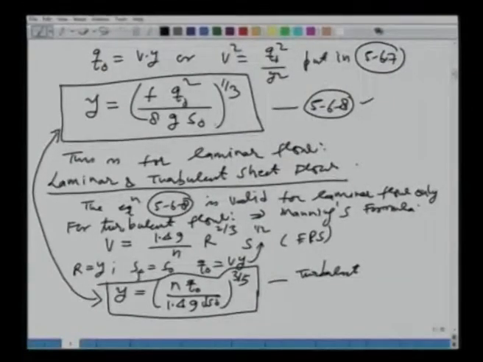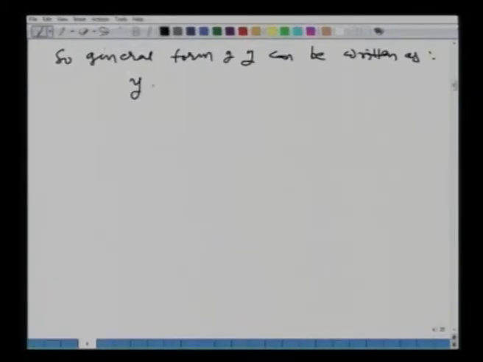So, we can write this expression in a very general form, as y is equal to alpha q0 to the power m. This is the general equation we can write for the flow depth, where alpha and m will have different values for laminar and turbulent flow components.